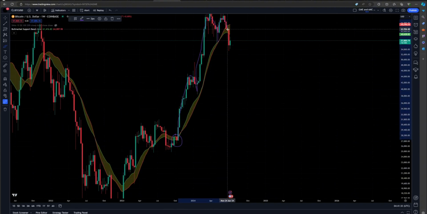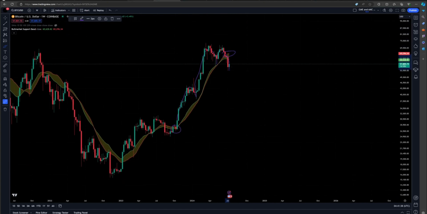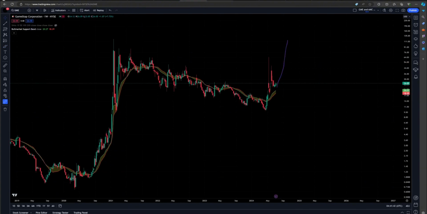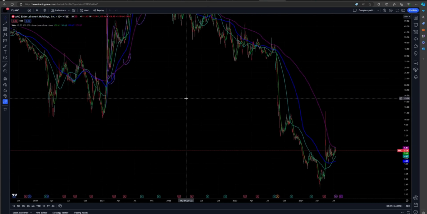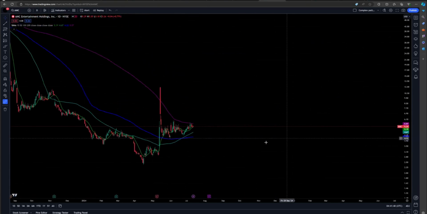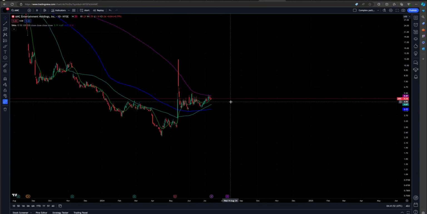Boom, boom, and then once you enter the band and break down, you're actually in a bear trend. Now we can use this for multiple different stocks, but looking at GME and AMC, I would say it's pretty clear that you're very, very bullish, and that you're using your SMAs and EMAs in a very, very bullish way. It's pretty simple to understand. You can just look at it visually.